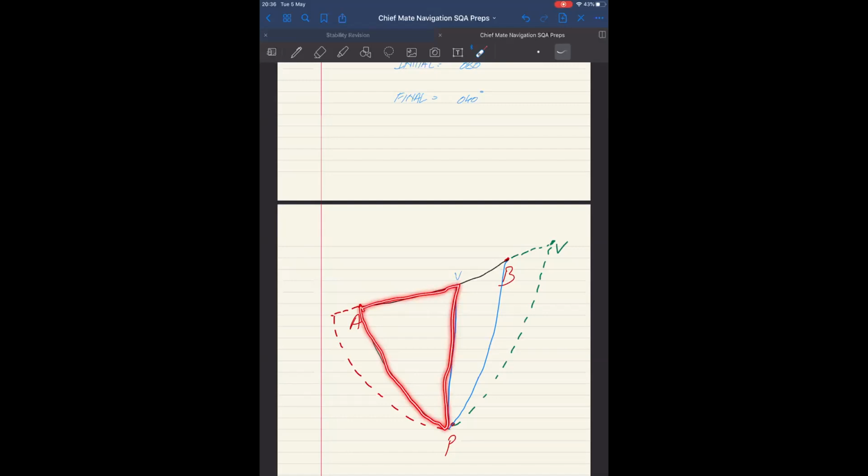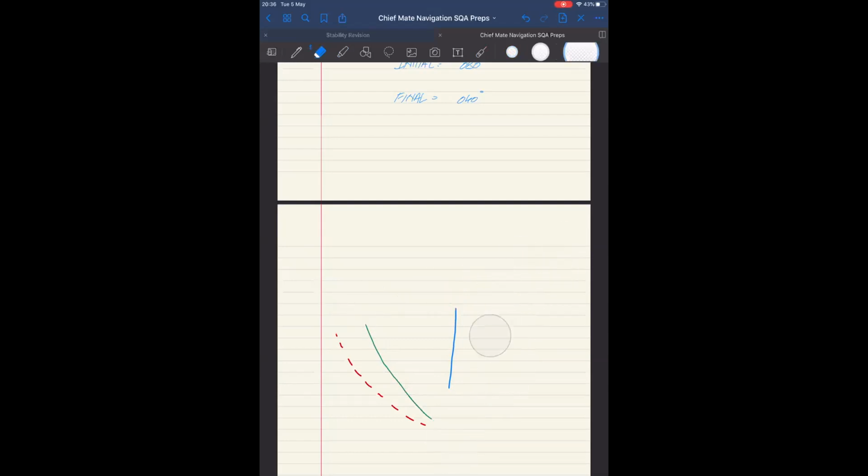So if we are trying to solve this triangle, that is utter waste of time. We are supposed to solve this triangle and get the value of here. Now, in this particular case, the vertex was lying in between A and B. So we'll solve the position of the vertex.